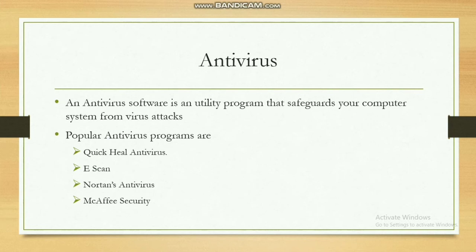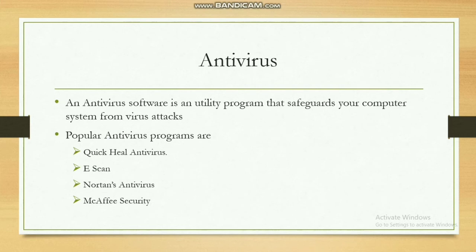But don't think that all the viruses will be identified and tackled by the antivirus software. There are limitations. But in due course, they will be updating their software regularly so that new threats could be identified, discovered, quarantined, and eliminated from the system. So it is always necessary to update the antivirus software on a regular basis.